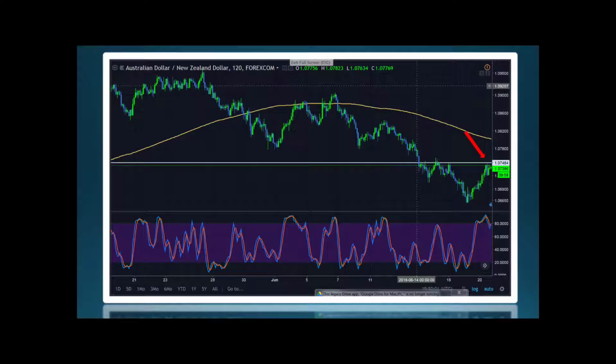Anything above, we'd be looking to go long or buy. And third thing I looked at is some previous structure, just a little bit on the left, and anticipated a bounce off that, considering that we're kind of in a bearish trend here.